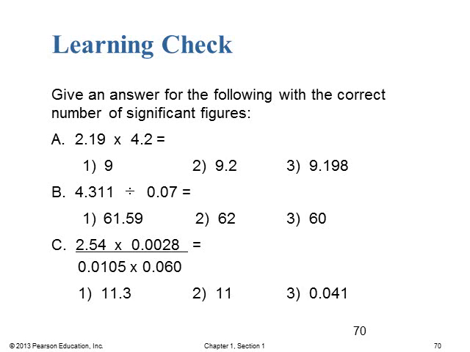So 2.19 has 3 significant figures. 4.2 has 2. So our final answer is only allowed to have 2 significant figures. All right, and so that will leave us with 9.1 and chopping off the 9 and the 8. And since the first digit that we're chopping off is a 9, that's greater than 5, so we have to round up.